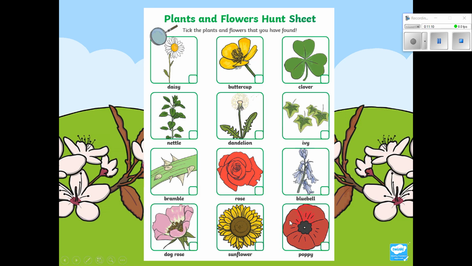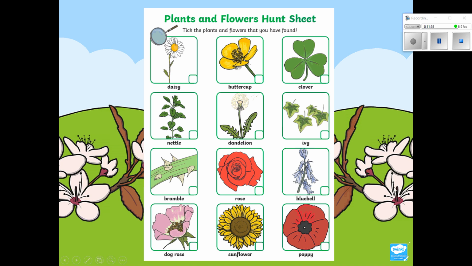So your job now is to have a look at these different plants and flowers on this hunt sheet. So here we've got a daisy, a buttercup, a clover, some ivy, a dandelion, a nettle, a bramble, a rose, a bluebell, a poppy, a sunflower and a dog rose.